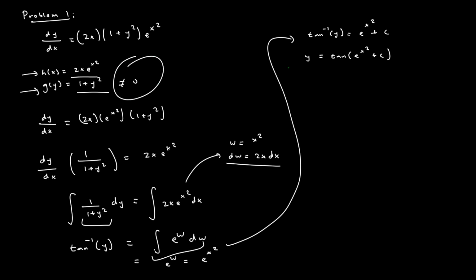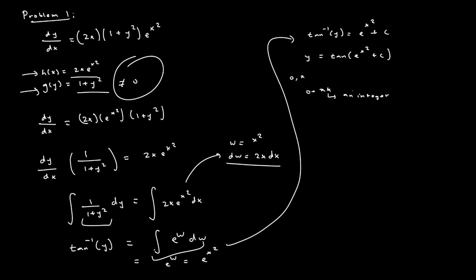And so y is 0 whenever tangent of x squared plus c takes on the value of like 0, pi, etc., right? So you have like 0, pi. So anything of 0 plus pi k, where k is an integer.